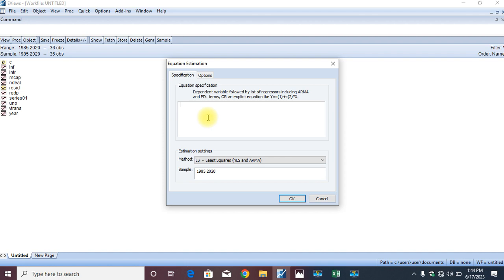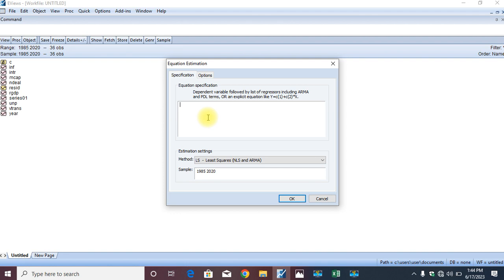Recall in my previous video I told you that whenever you find yourself in this situation, the first thing you ask yourself is, these variables I'm using, are they values, are they numbers, are they tons? Whenever you come across tons, values and numbers, you have to log them. Then when you come across percentages and ratios, you don't log them.